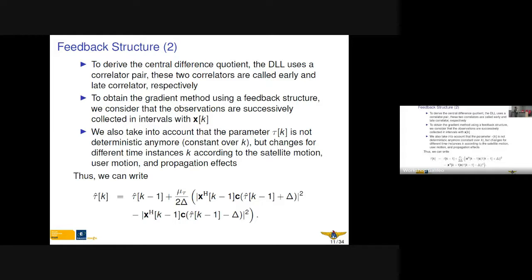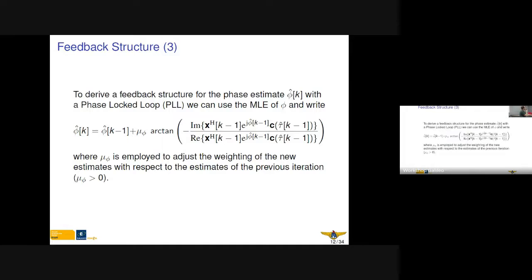Thus, in the end, we can write an equation for updating, or refining, the time delay estimate, because we initialize this process with the time delay estimate from the acquisition, and then we can gradually refine this estimate and follow the changes of this parameter tau over time with this feedback system, or feedback structure, as written in the title.